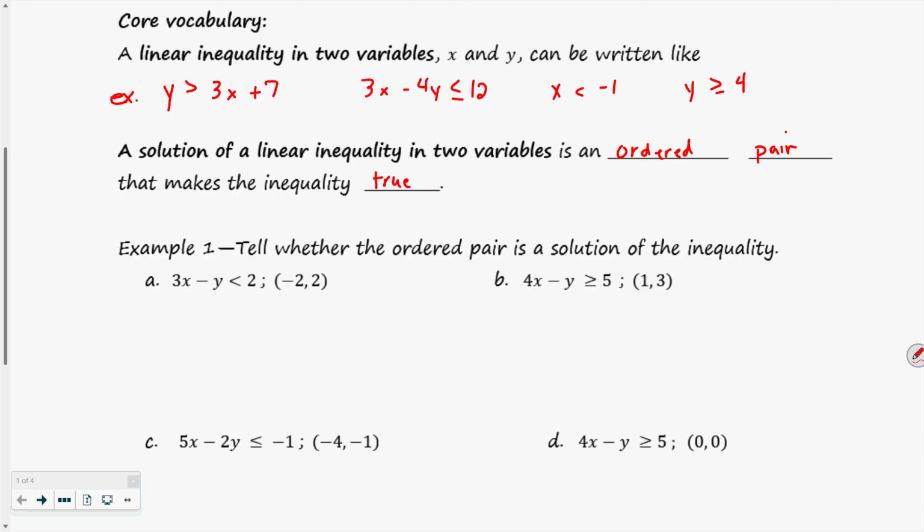We want to substitute that point, -2, 2, and see if it is a solution to that inequality. If we substitute in -2 for x and 2 for y, is that a true statement? I have -6 minus 2 is less than 2. That is true, so -2, 2 is a solution to the inequality.